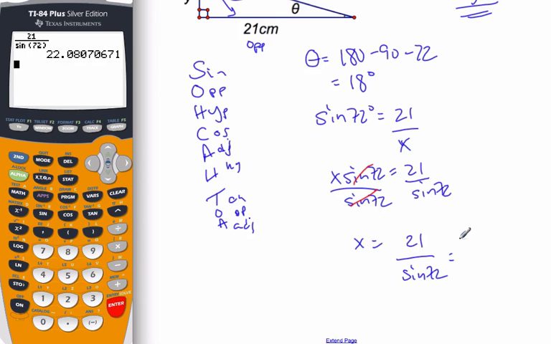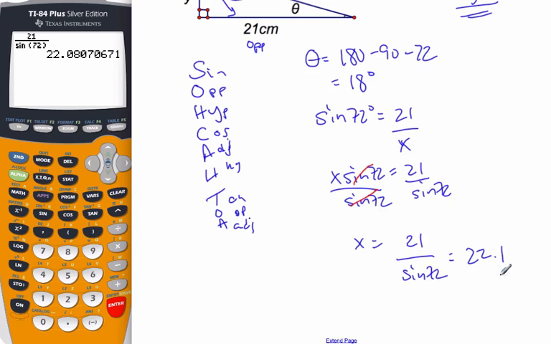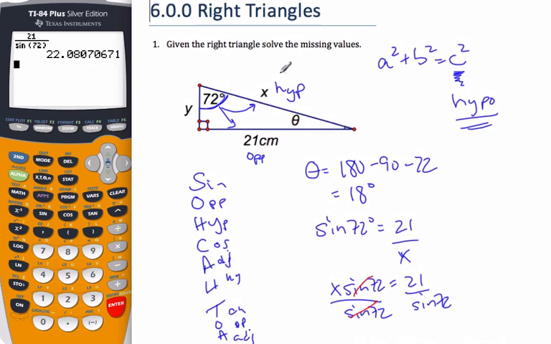And so then my x value is 22.1 centimeters. And that's to 3 significant figures. All right, so there's x. I know this is 22.1. How could I find my y value?